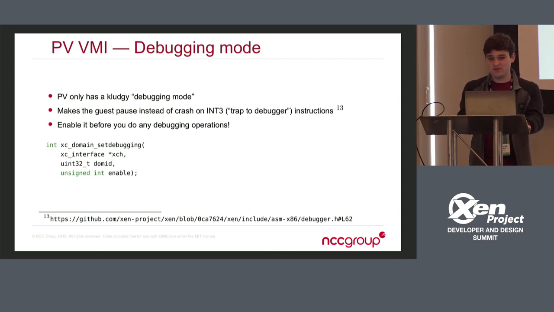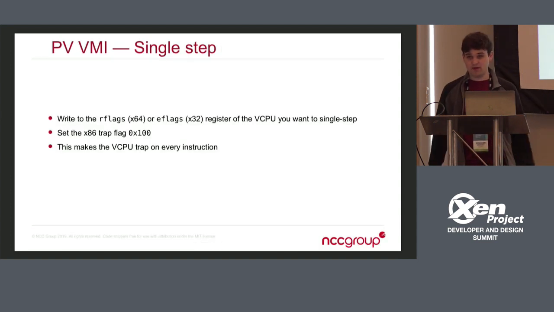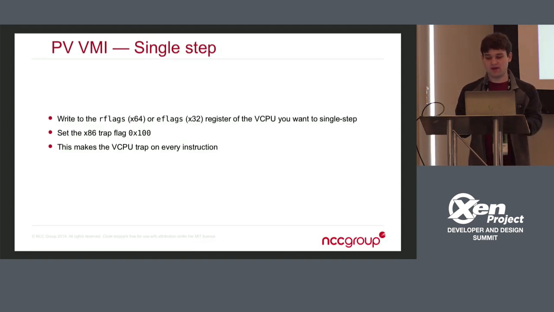You should enable this mode immediately when you attach to the PV guest, because otherwise you risk crashing it. The way that you do that is using the function xc_domain_set_debugging, and you pass it an enable flag of 1, or 0 if you want it disabled. To enable single-step mode on PV, there is not an API call for it as far as I know.